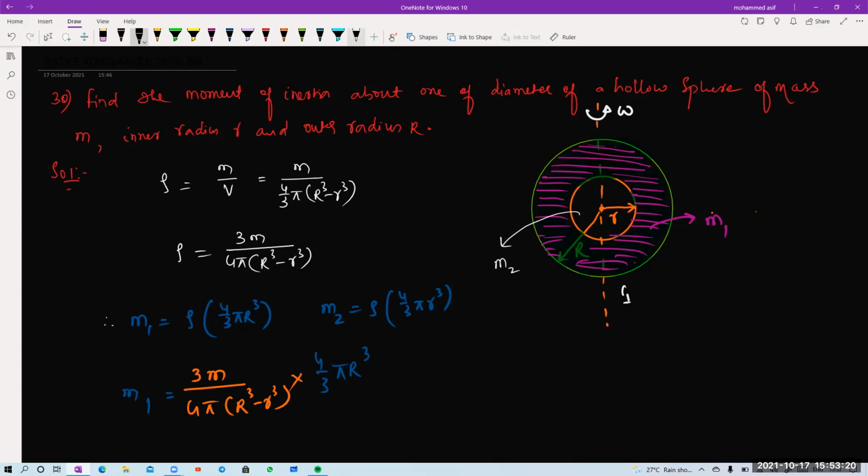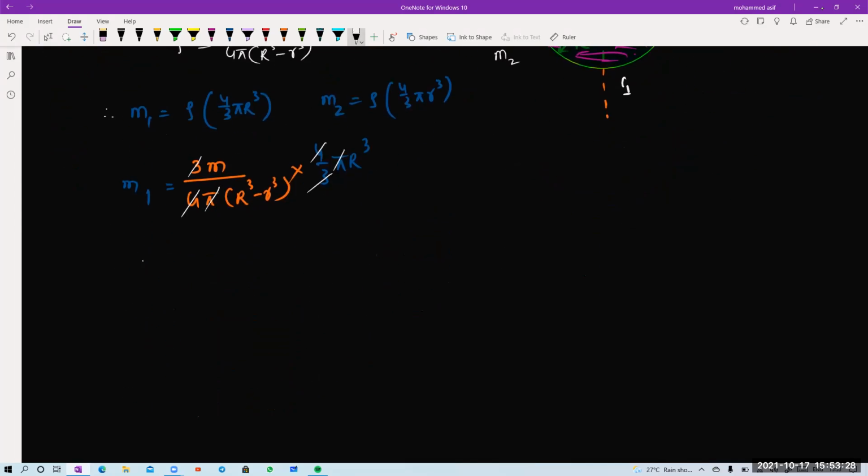Some terms get cancelled: the 4, the pi, and the 3. So M1 will be equal to M into R cube divided by capital R cube minus small r cube. So this is the mass M1.